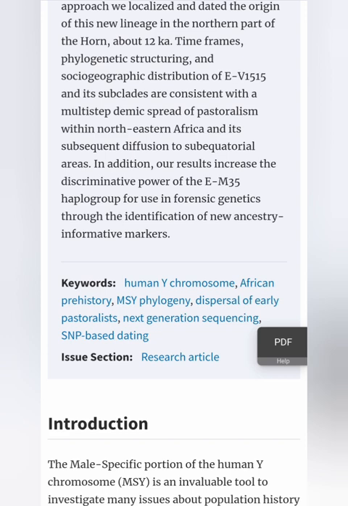In addition, our result increased the discriminative power of the EM35 haplogroup for use in forensic genetics through the identification of new ancestry informative markers.